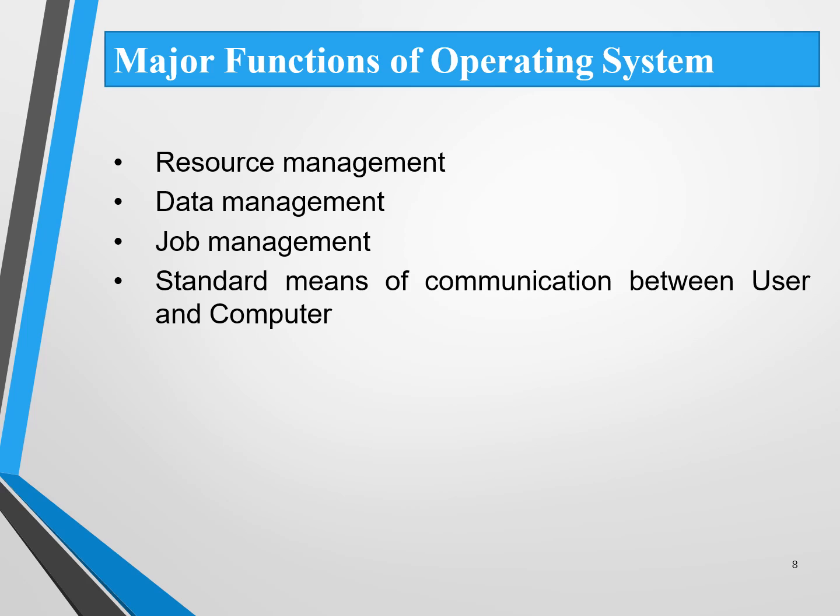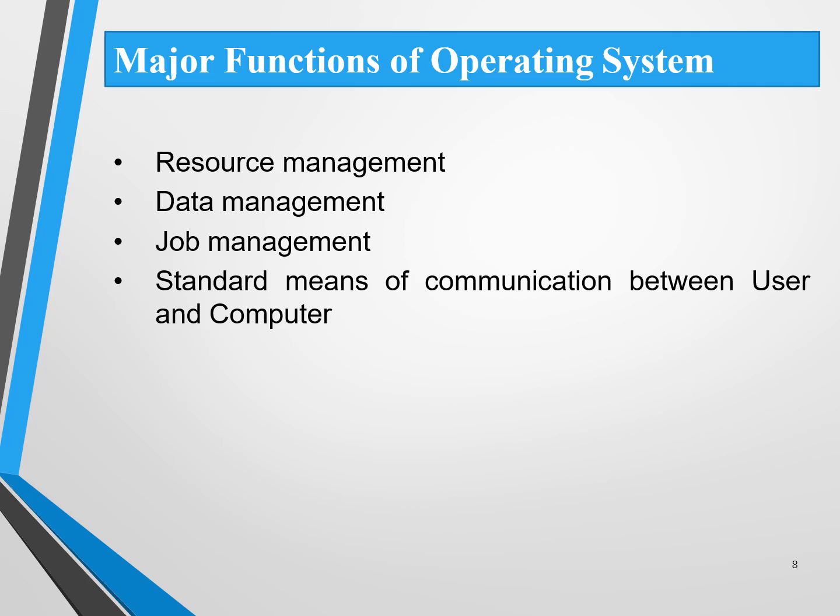Data management: the data management functions govern the input and output of data and their location, storage, and retrieval. It is also responsible for storing and retrieving information on disk drives and for the organization of that information on the drive.